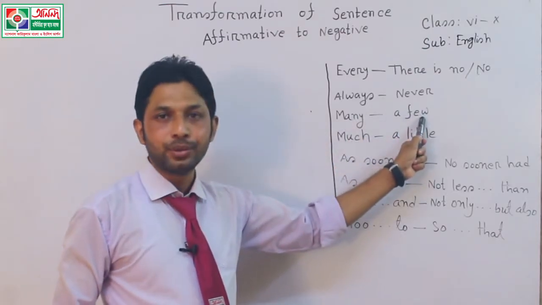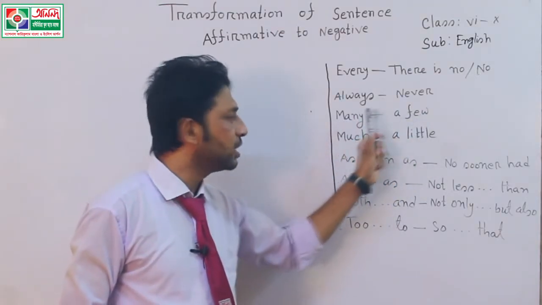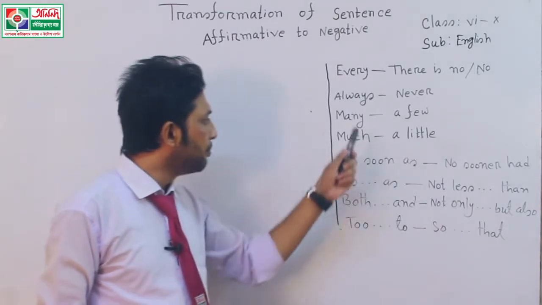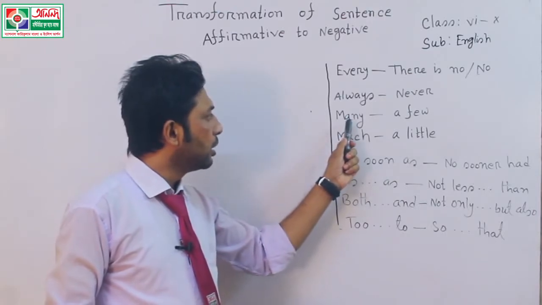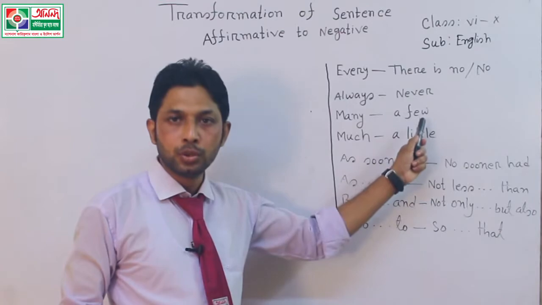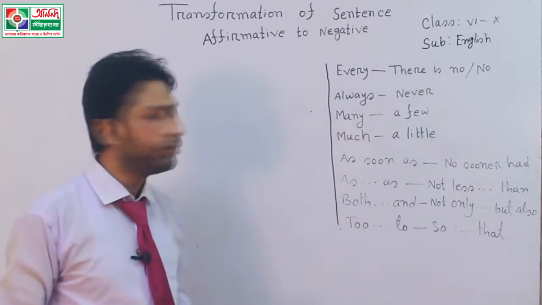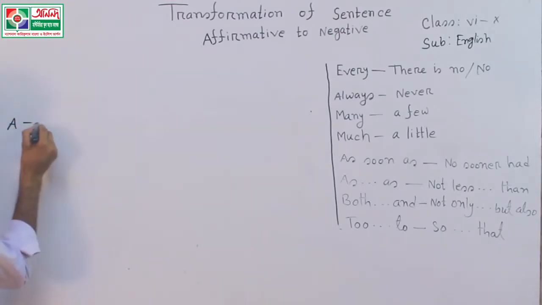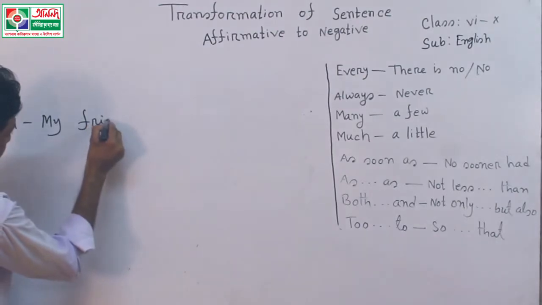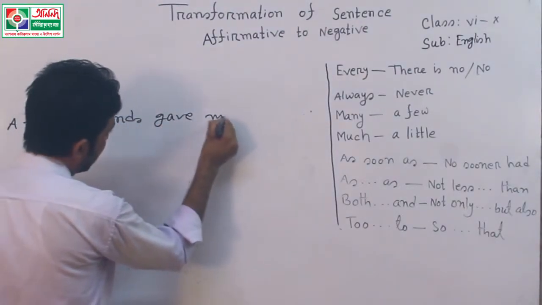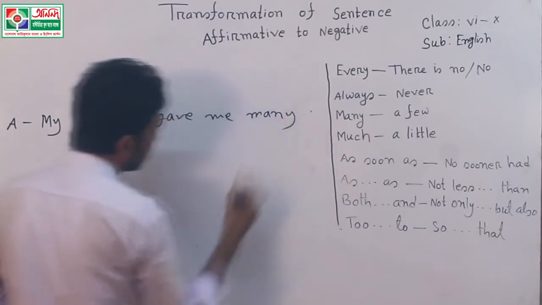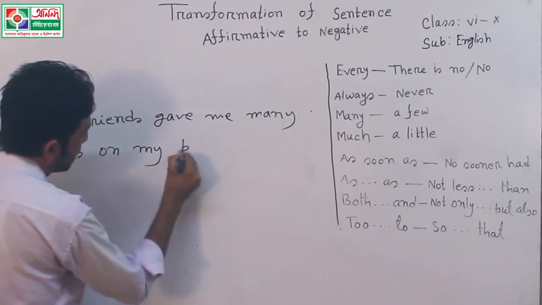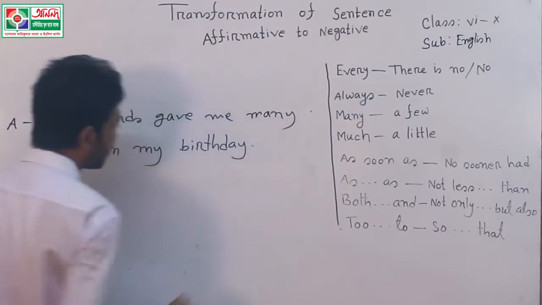changes into a few. I again say many changes into a few. If we find many in an affirmative sentence, then we have to use a few instead of many. For example, affirmative, my friends gave me many gifts on my birthday.